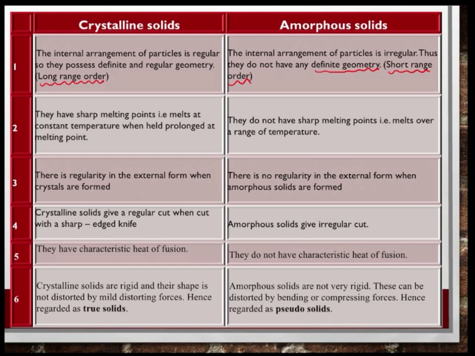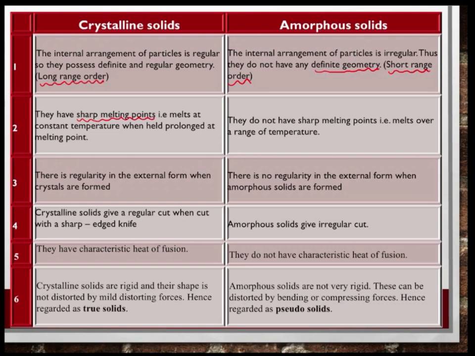Then, since the arrangement of the particles is extremely regular, if you pull out any portion of a crystalline solid, it is going to melt at the same temperature. So basically they have sharp melting points.